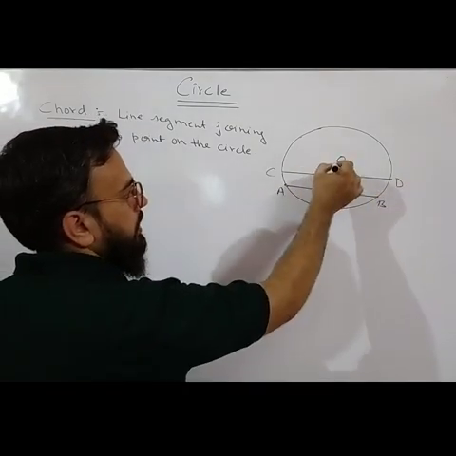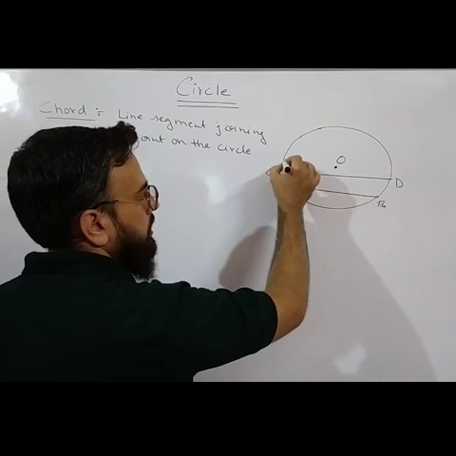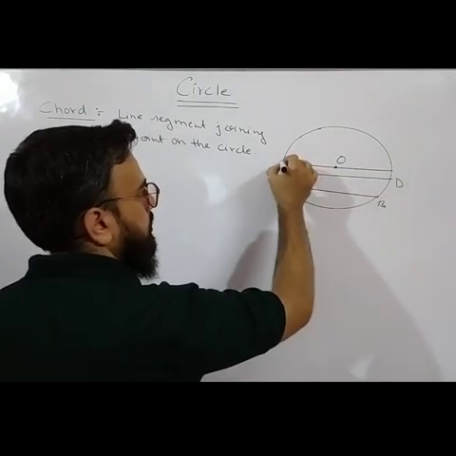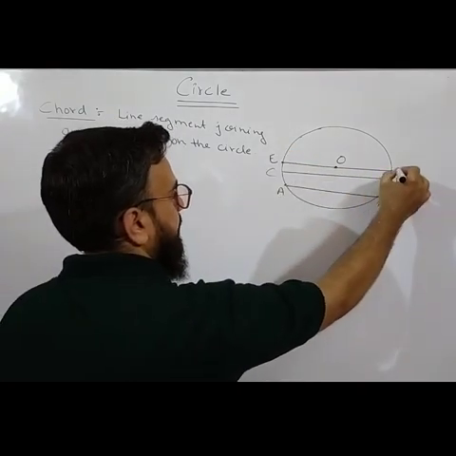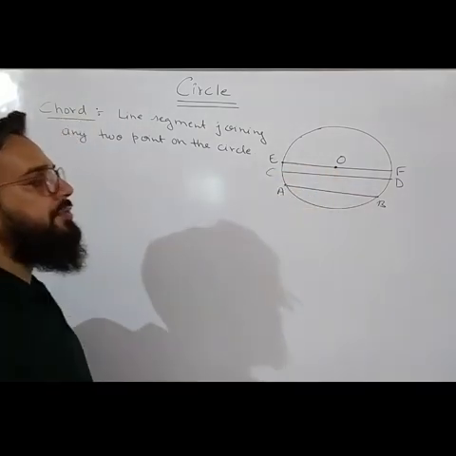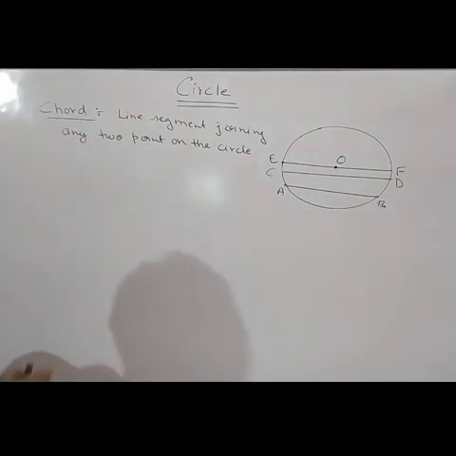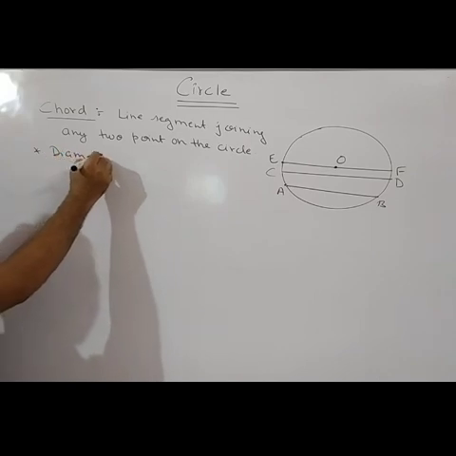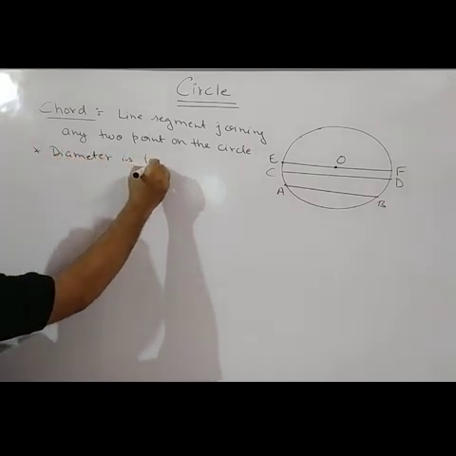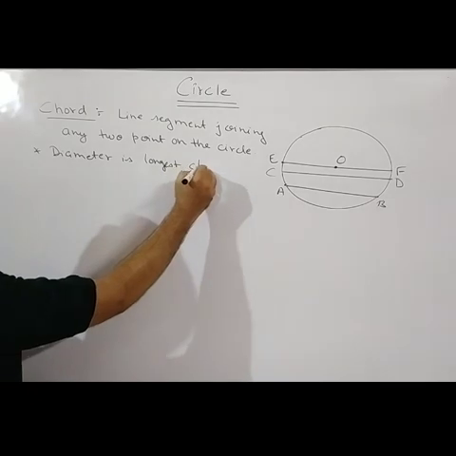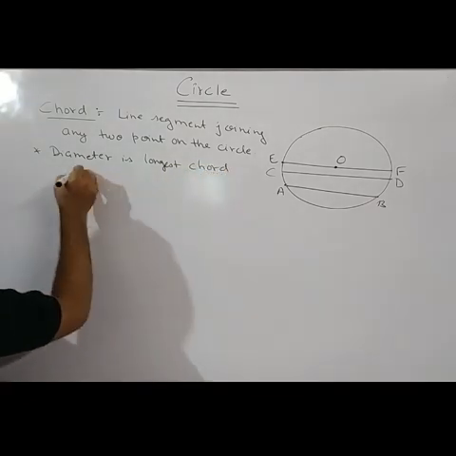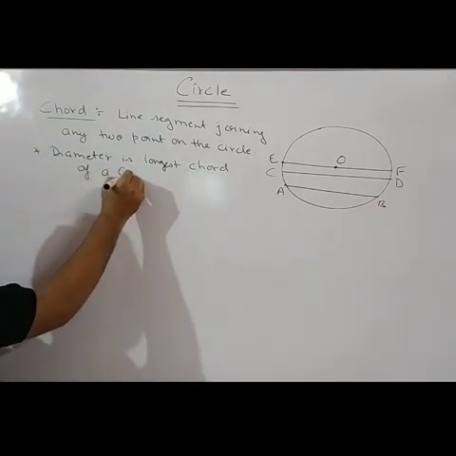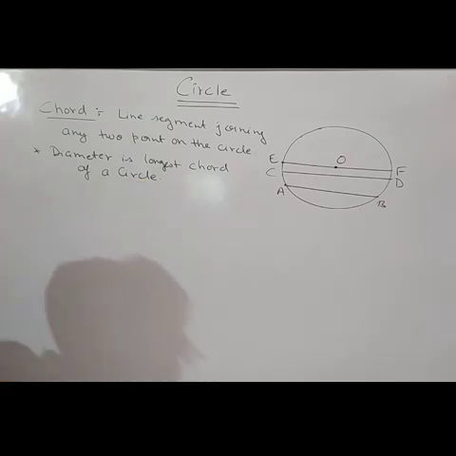The longest chord of a circle is the diameter. Suppose we consider it as EF. In these 3 chords, EF is the longest, so we can say the diameter is the longest chord of a circle.